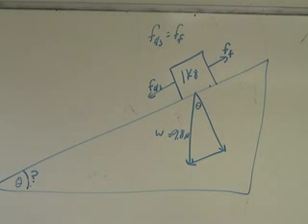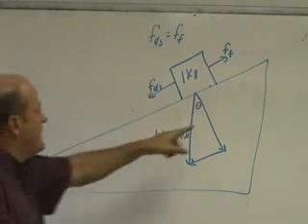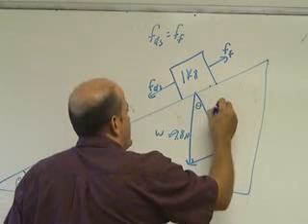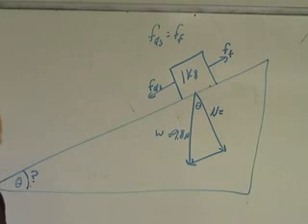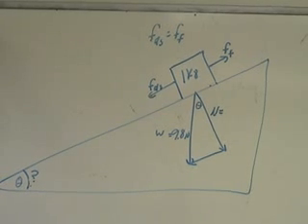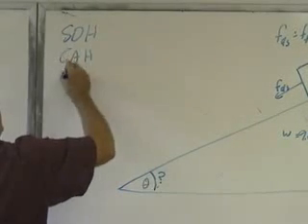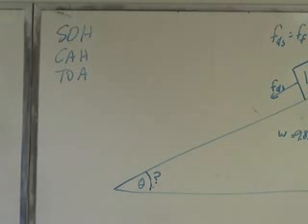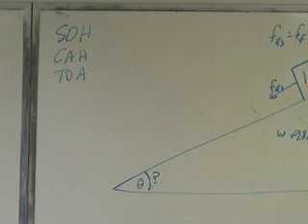So let's do that. We're going to do it just like we did the last problem, but we're going to leave theta as an unknown. So let's calculate the normal force. What's the normal force? Well, we've got adjacent, we've got hypotenuse.